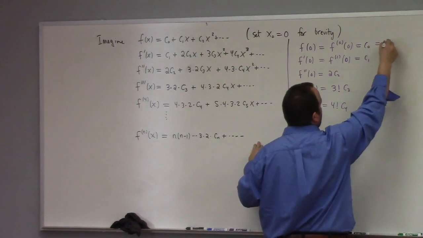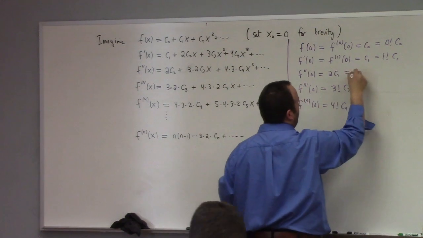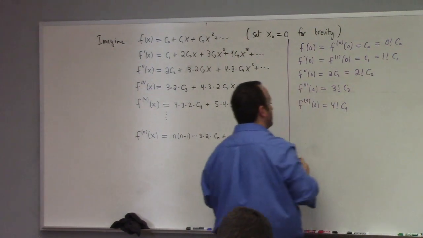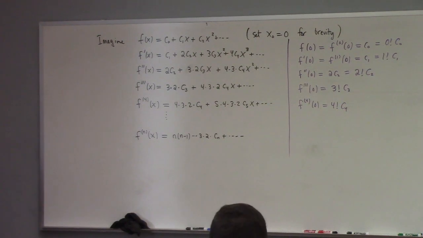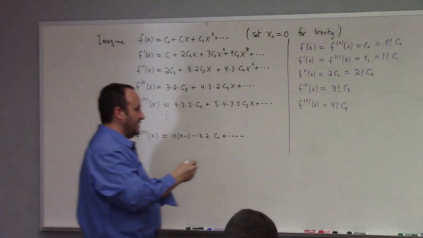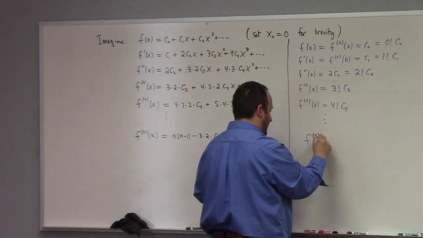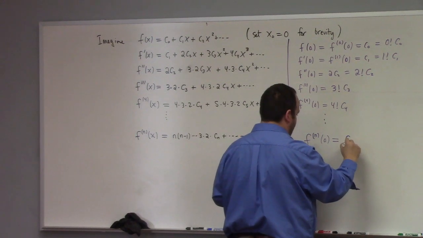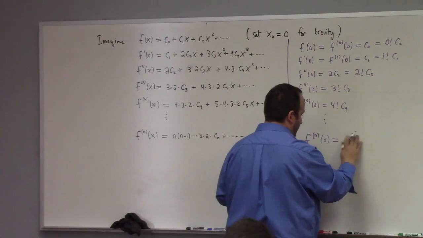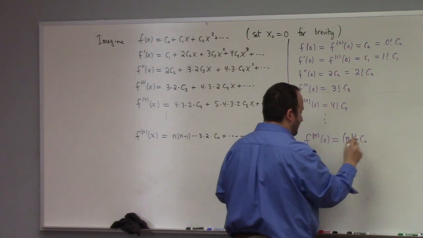In retrospect, this was 0 factorial times c0, this was 1 factorial times c1, this was 2 factorial times c2. It's always n factorial times cn. So generically speaking, the nth derivative evaluated at 0 is equal to n factorial times cn.